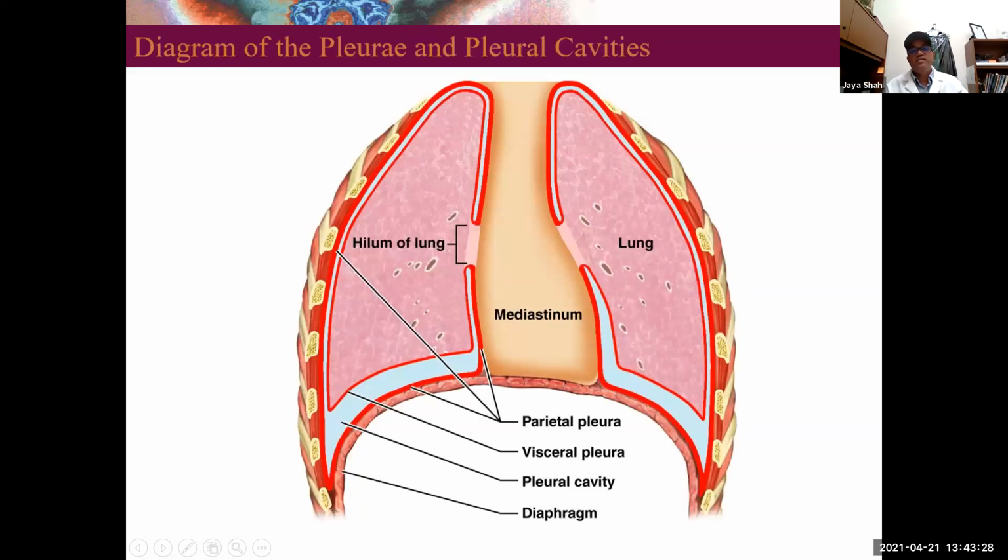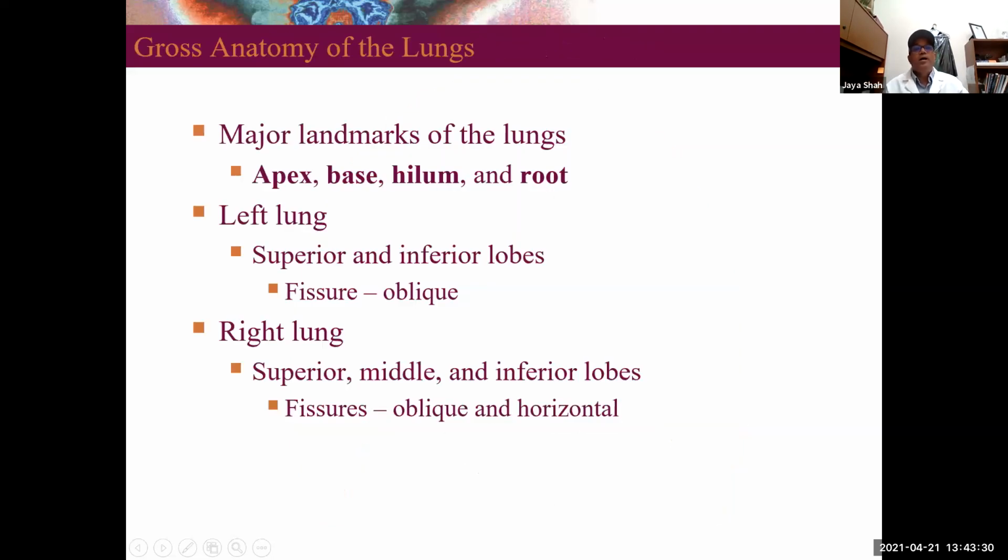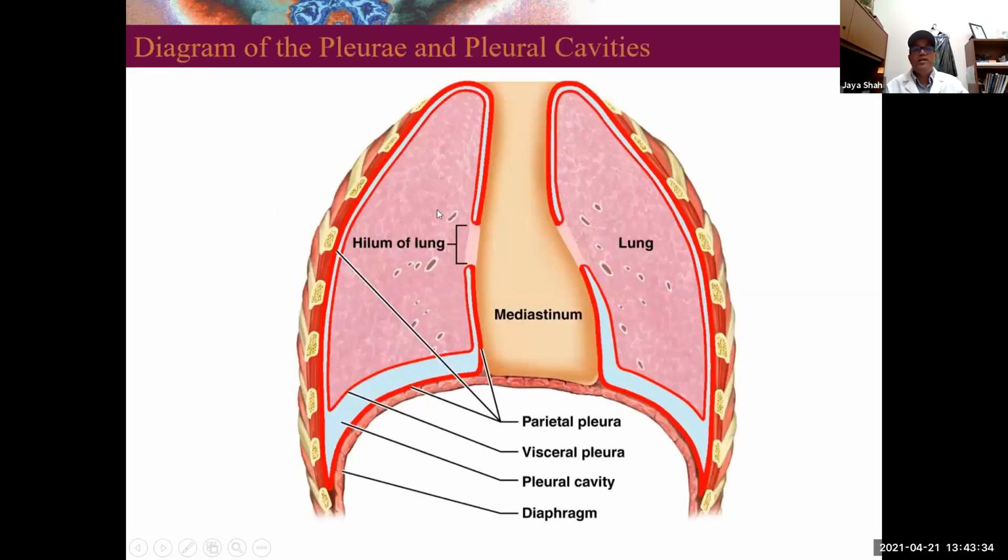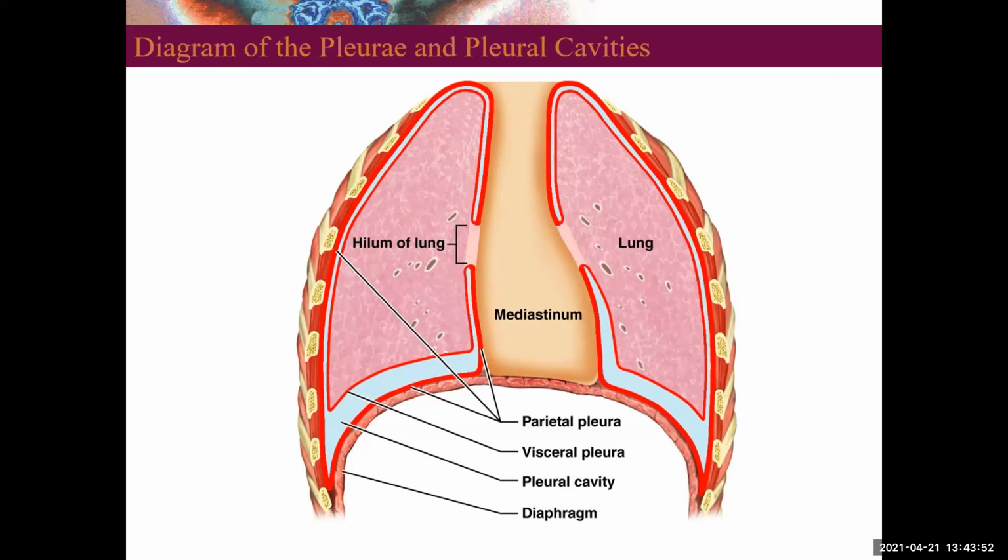The hilum of the lungs is the area where structures enter and exit. So what do you think from the cardiovascular system? Let me ask you guys. From the cardiovascular system, what do you think enters the lungs? And what exits the lungs?